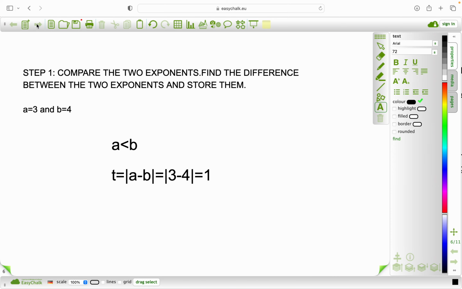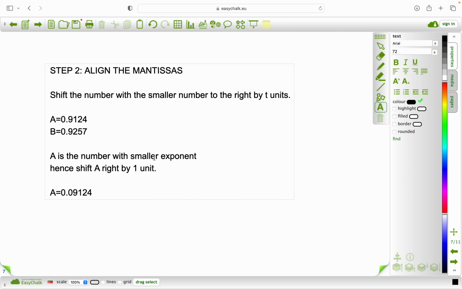Now, for the second step, we're going to align the mantissas. What is aligning? Aligning means that the number with the smaller exponent, shift the number with the smaller exponent to the right.